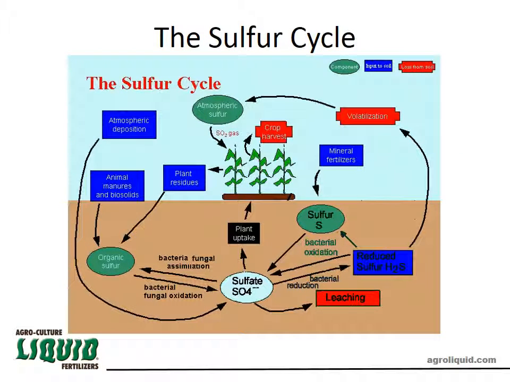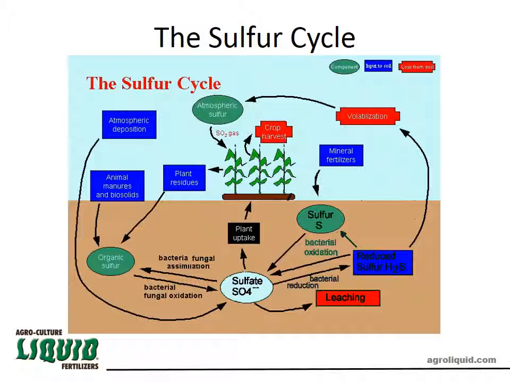So just to take this back to the illustration, you have that sulfate sulfur down there in the bottom center of this illustration. As you can see, due to bacteria, either assimilation or oxidation, you can have that go back and forth between organic sulfur or the sulfate form of sulfur.